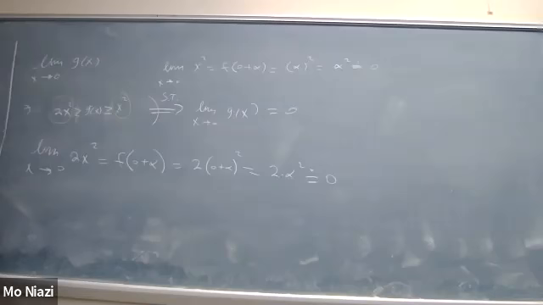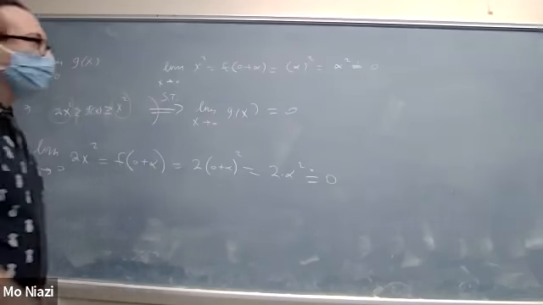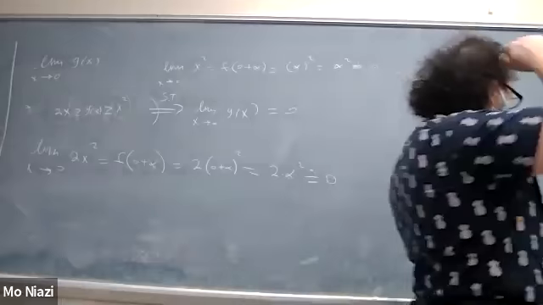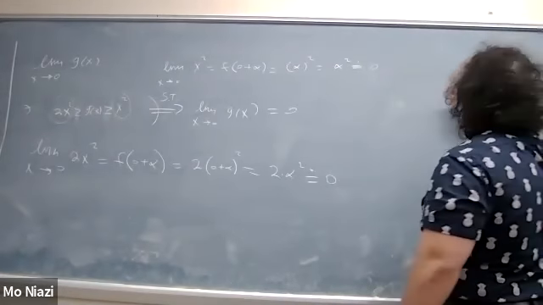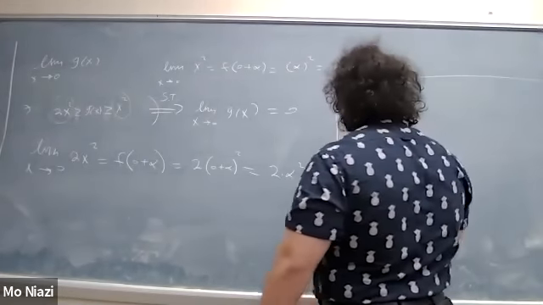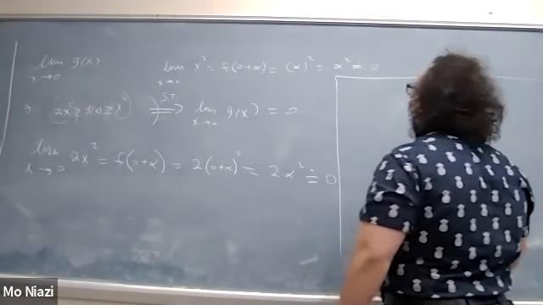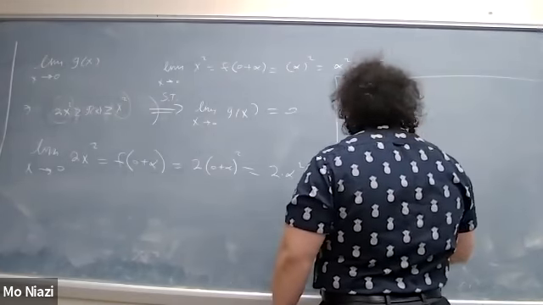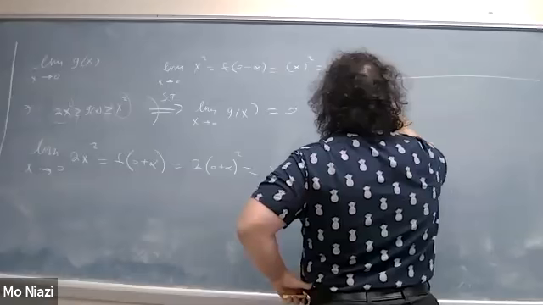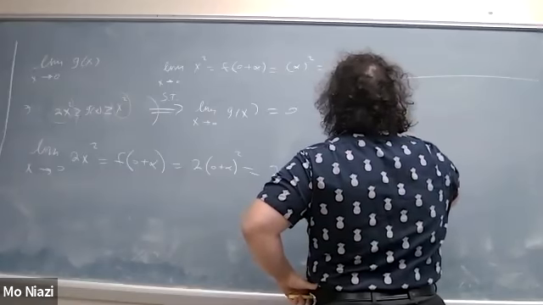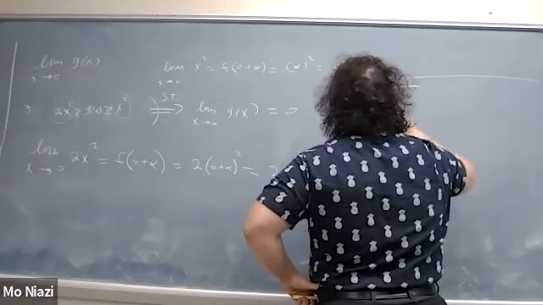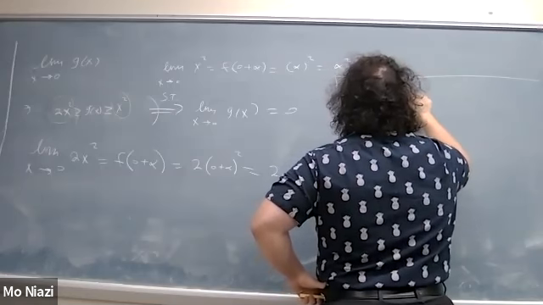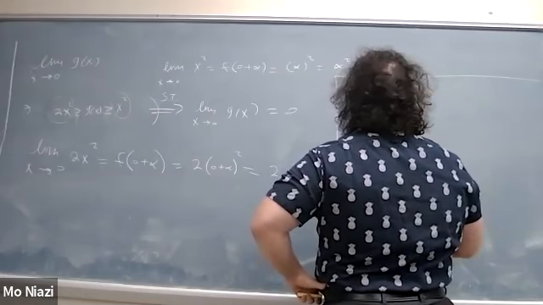Well, on 47, it says to numerically estimate the limit as x approaches 0 of the square root of 1 minus cosine of x, everything over x.